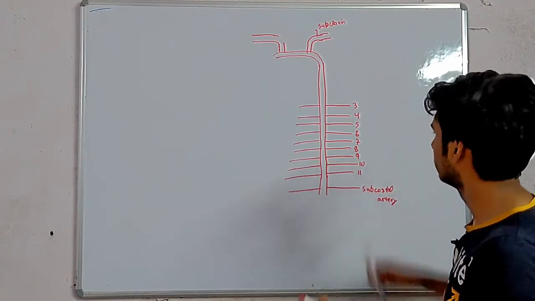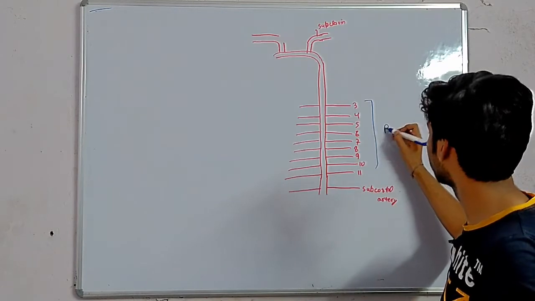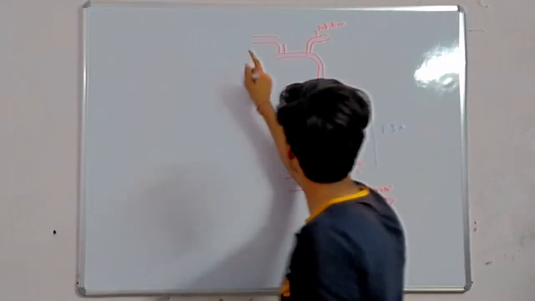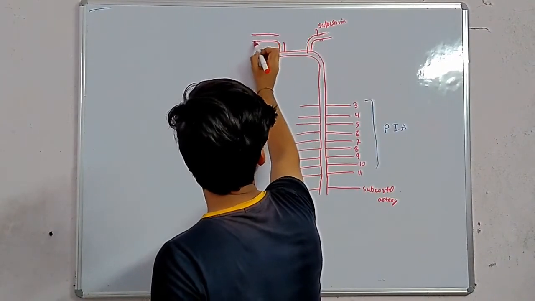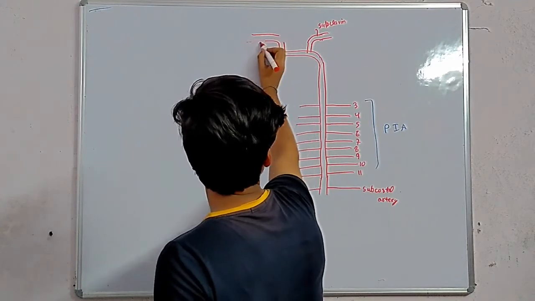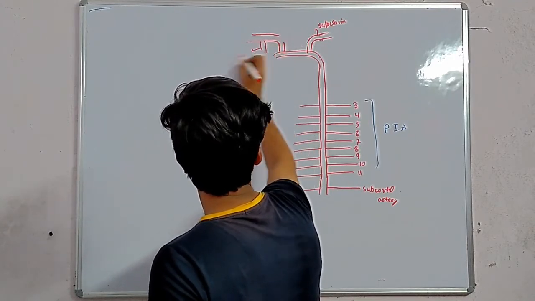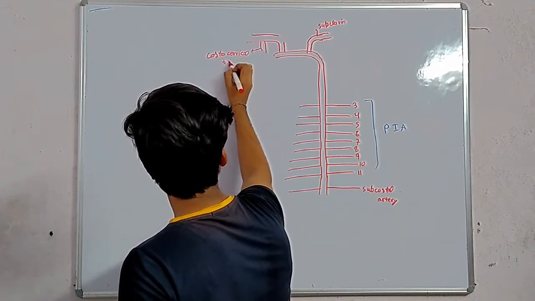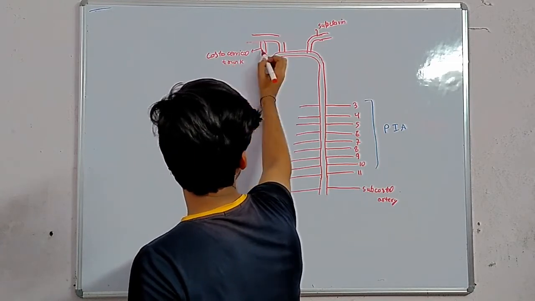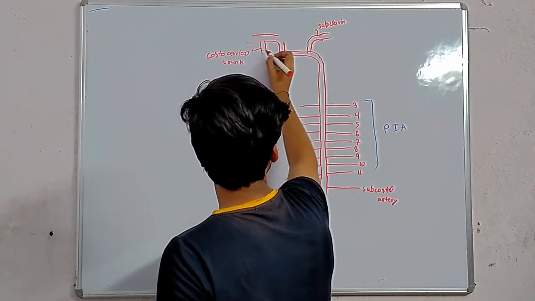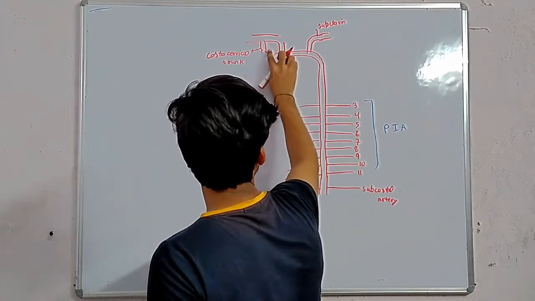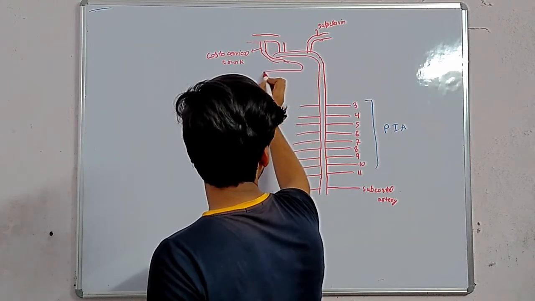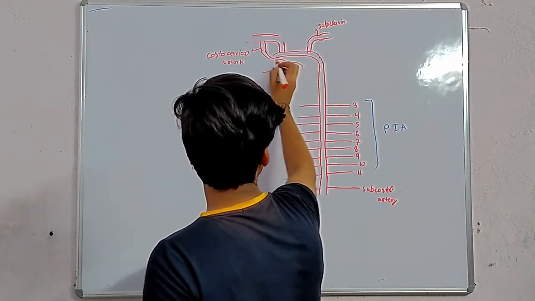Both sides. These are the posterior intercostal arteries. Then the first two intercostal spaces: this is the subclavian artery, and this is the costocervical trunk.